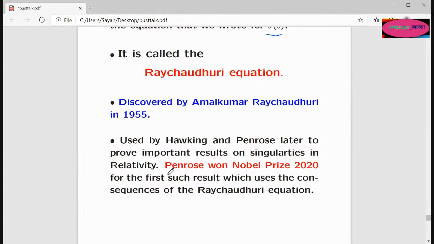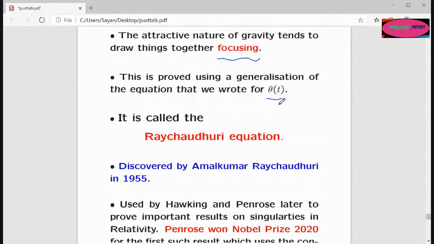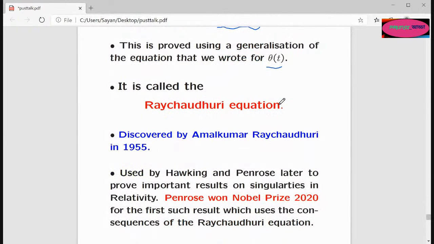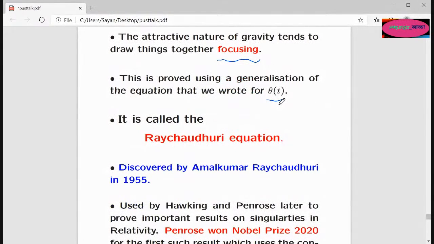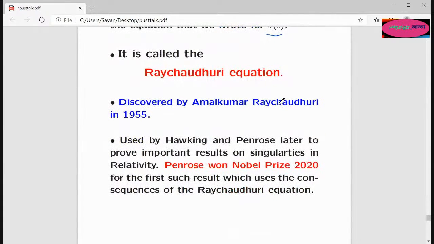And all of you know that Penrose won half of the Nobel Prize in physics in 2020 for proving the first such result, which essentially uses consequences based on the Raychaudhuri equation. So I have told you how, from a very simple example related to oscillations, you can go to a broader context and at least appreciate the basic ideas on which the mathematical results of Penrose and Hawking rely.